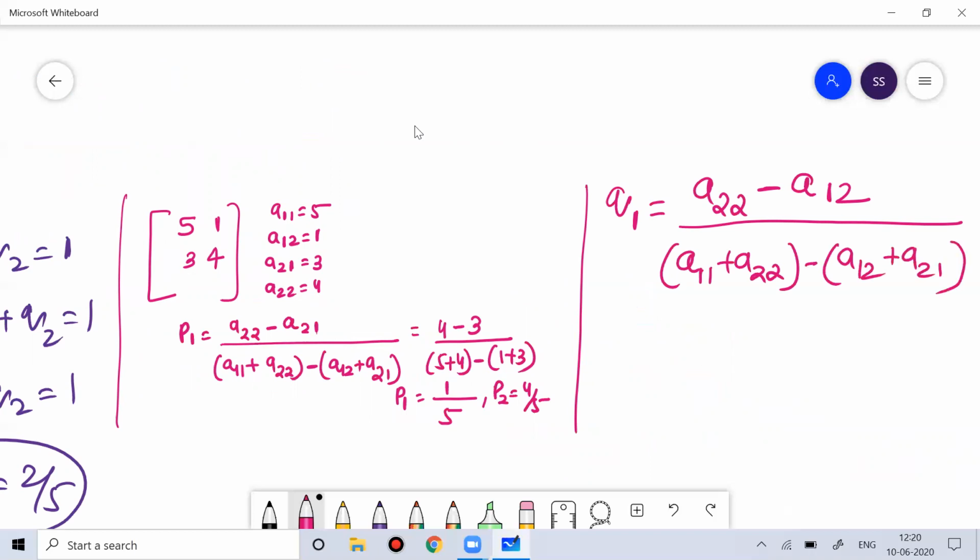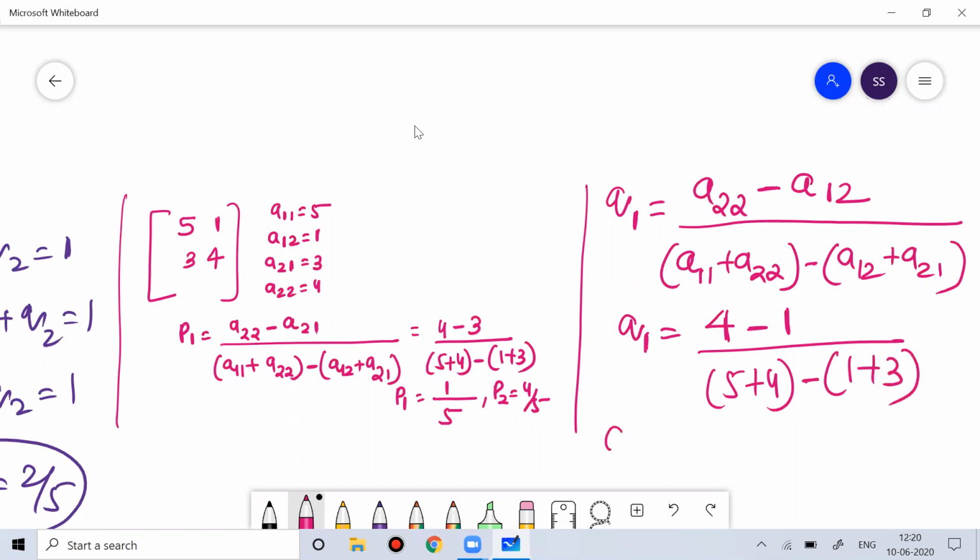This is the formula for Q1. So Q1 would be equal to 4 minus 1 divided by 5 plus 4 minus 1 plus 3. So the value of Q1 is equal to 3 divided by 9 minus 4. The value of Q1 is 3 by 5.